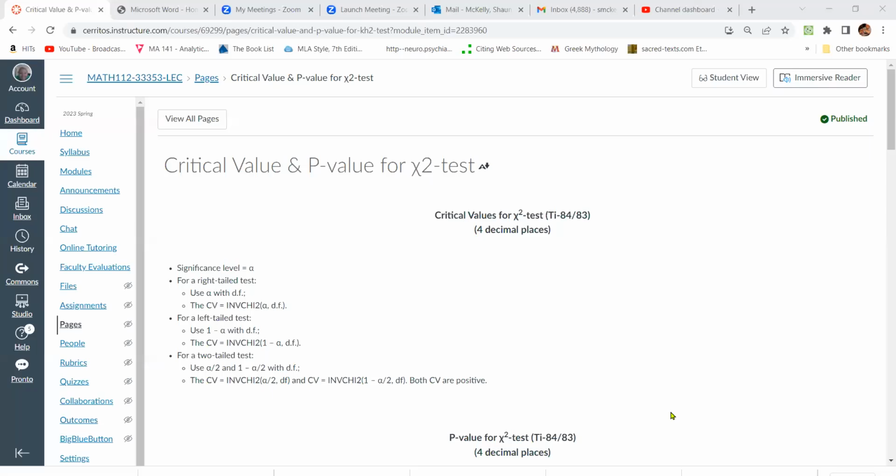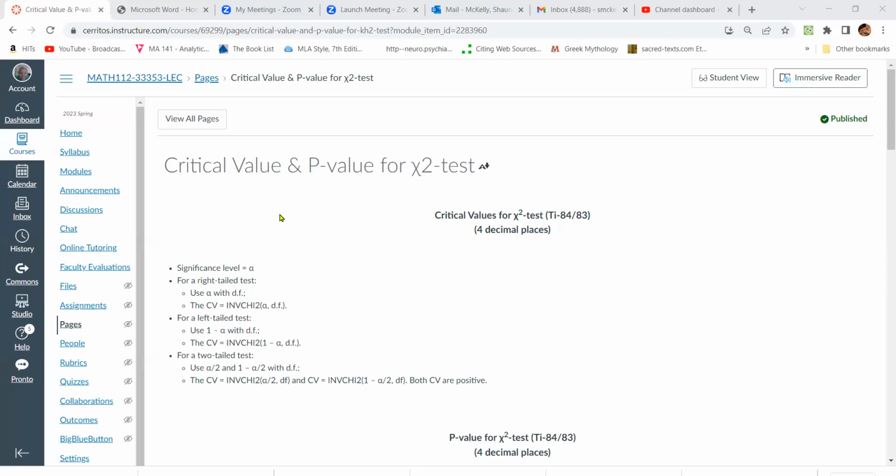Okay, right here. What you're going to need is for me to share the screen. Besides that, what we're going to need are these instructions here. The critical value and the p-value for chi-square testing.